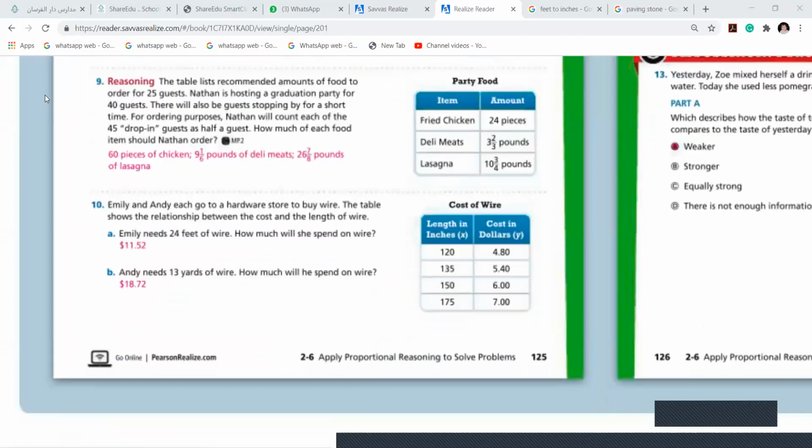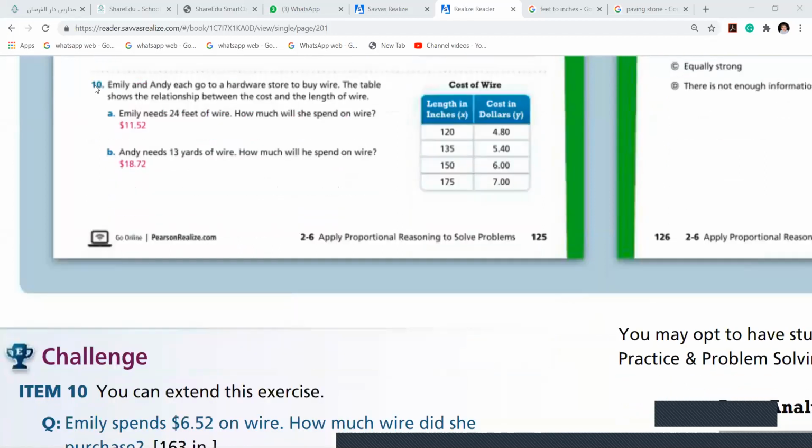Girls, question 9, just put a cross mark. Question 9 we are not doing. Go to question number 10.